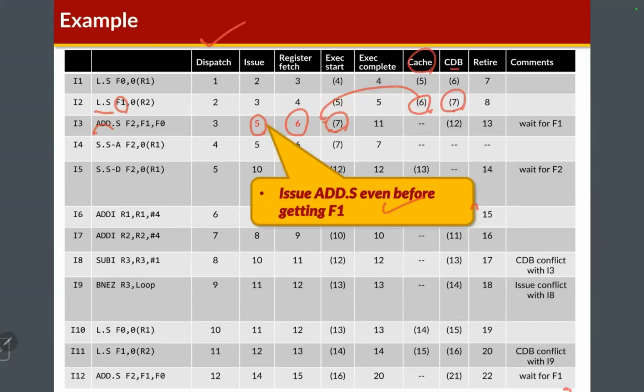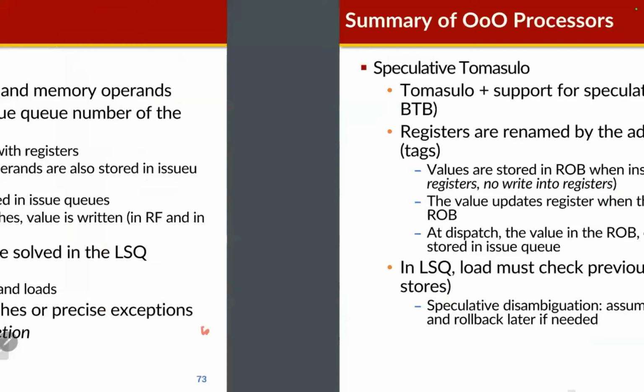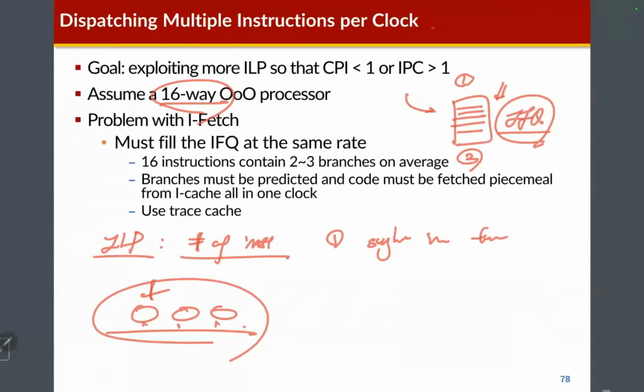In this example, you can find that a single instruction is dispatched every clock cycle. But in order to support a superscalar architecture, we need to dispatch multiple instructions, which means that we need to decode multiple instructions.